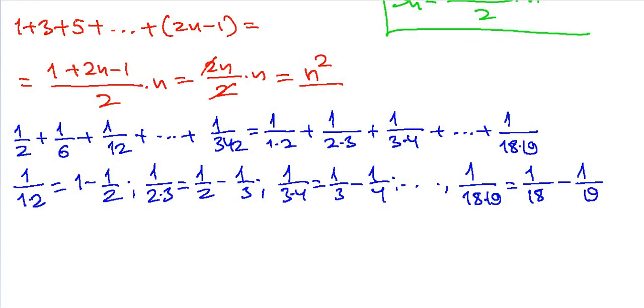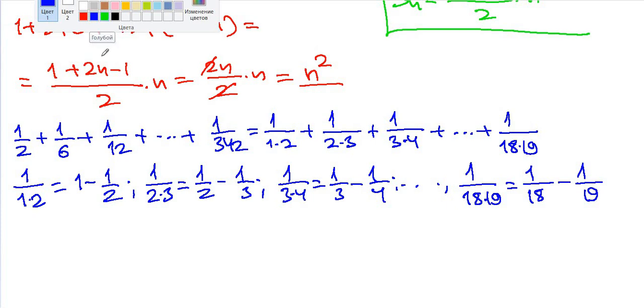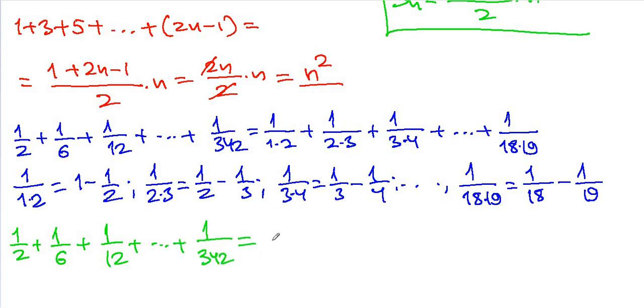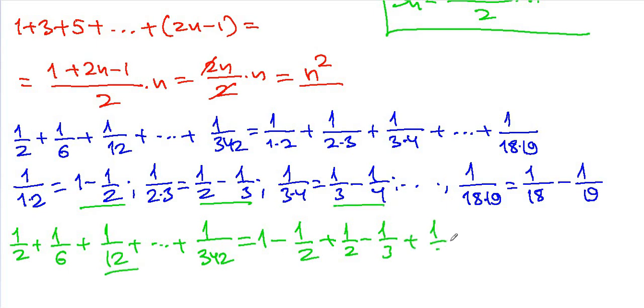So the sum of the following fractions, 1 over 2 plus 1 over 6 plus 1 over 12 plus and so on plus 1 over 342, is equal to 1 minus 1 over 2, and 1 over 6 can be written as plus 1 over 2 minus 1 over 3, and 1 over 12 as you can see is plus 1 over 3 minus 1 over 4, plus and so on.